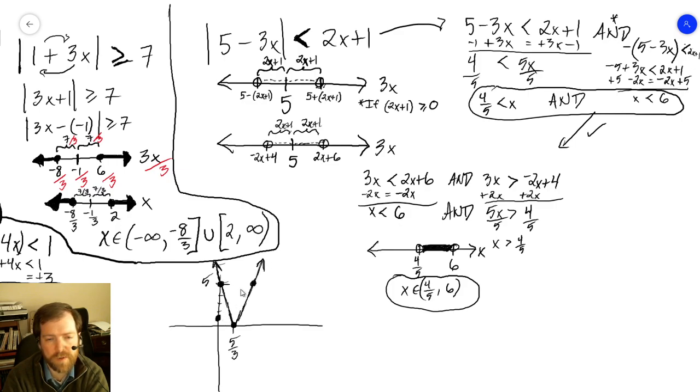So we get a value that's up here, roughly speaking. By the time we go 5/3 over, we're going to go 10/3 up from here. So that's 1, 2, 3, and a little. So we're going to be here. By the time we go another 5/3 over, it's going to be another 10/3 up. So 1, 2, 3, and a third is going to be like there compared to here.